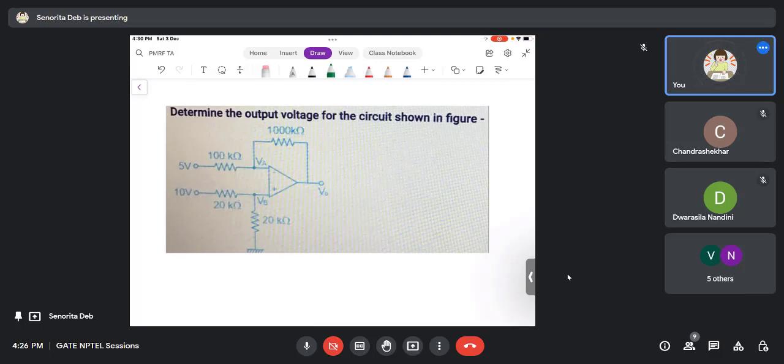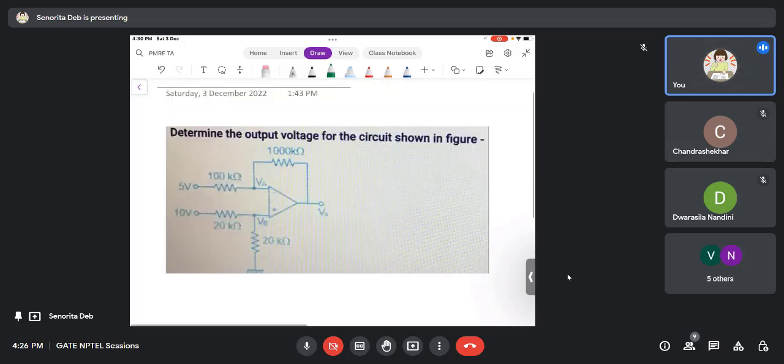Now when you see this question, how will you do it? First you need VB, because if you have VB, you can apply the virtual ground concept and you get VA. Correct? So what is VB? No need of applying anything.